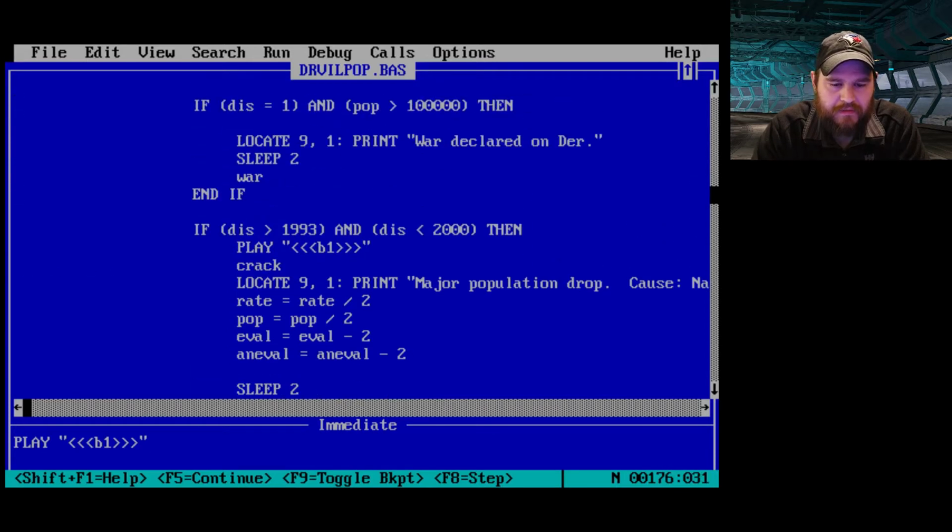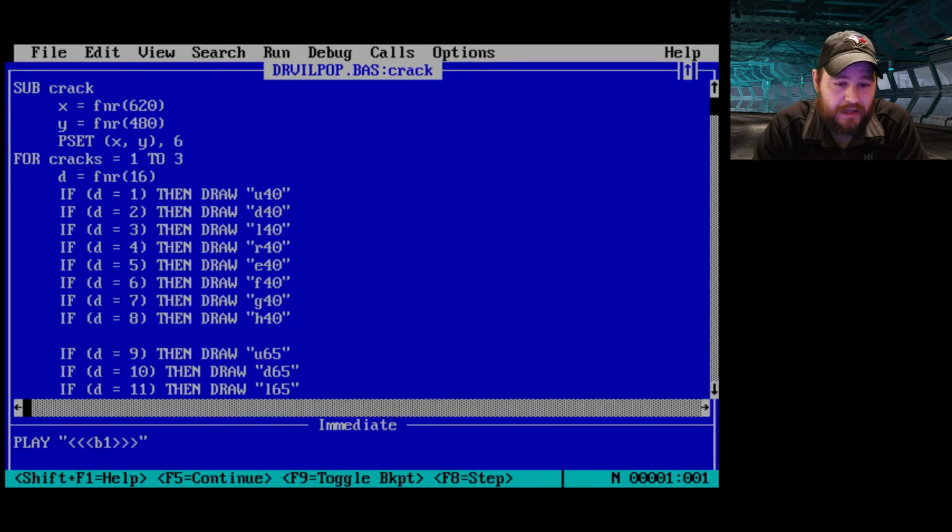Okay, if that happens, then we do the crack subroutine. In the crack subroutine, X and Y are a random set of coordinates on the screen somewhere. He did this lots in lots of his programs, most recently in the program entitled Skin.